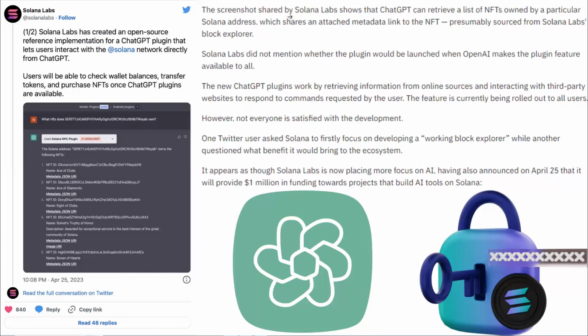We don't know when this bubble is going to pop, but it definitely is the next bubble forming right now. That's why I wanted to update you guys, because now we're hearing Solana talking about incorporating ChatGPT into Solana and trying to find ways to capitalize and draw new capital through AI.